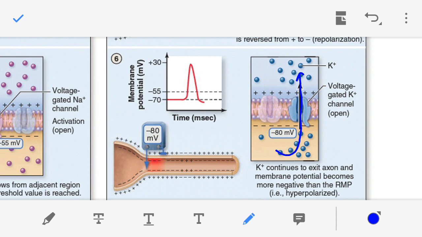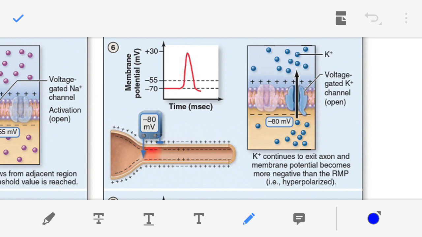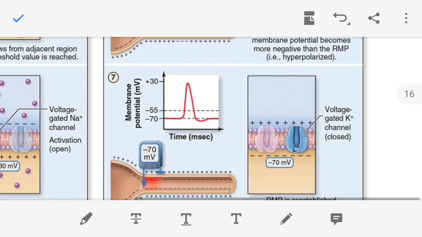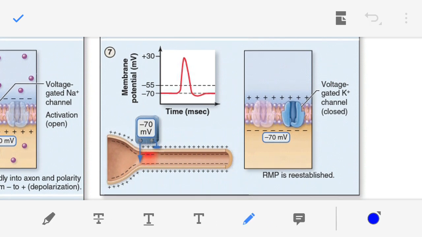As more K plus goes outside, the membrane potential becomes more negative, so it attains the value of minus 80 to minus 90 mV. This value, minus 80 to minus 90 mV, is known as hyperpolarization.